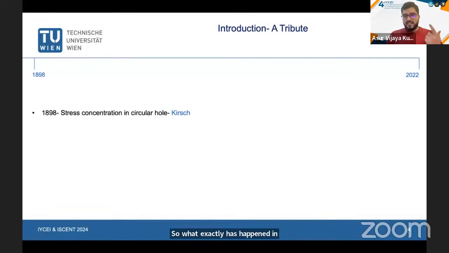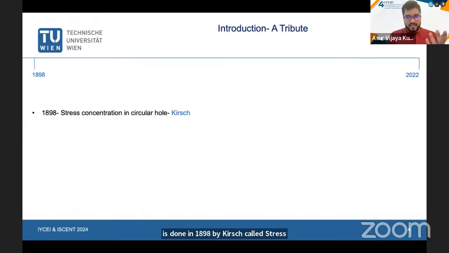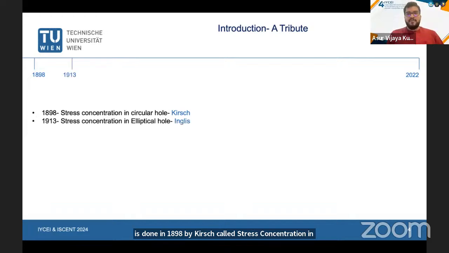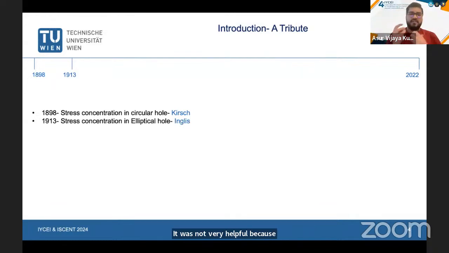The first analysis of fracture was done in 1898 by Kirsch, called stress concentration in a circular hole. I think you studied this in your bachelor curriculum. It was not very helpful because it's a very vague way of representing stress concentration.